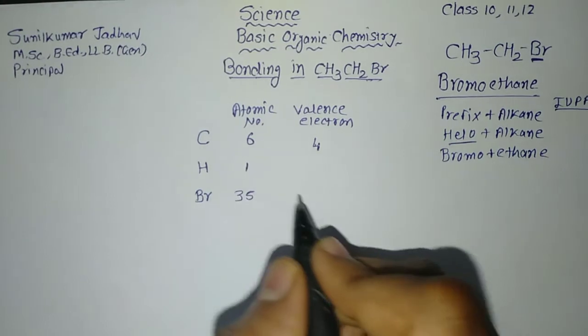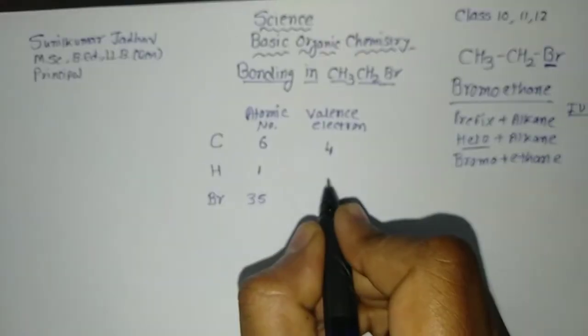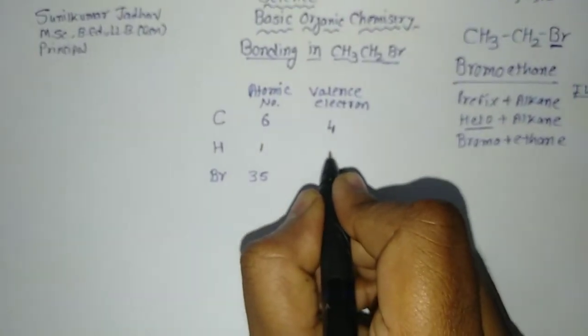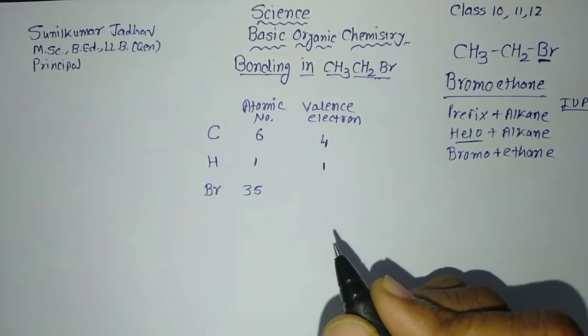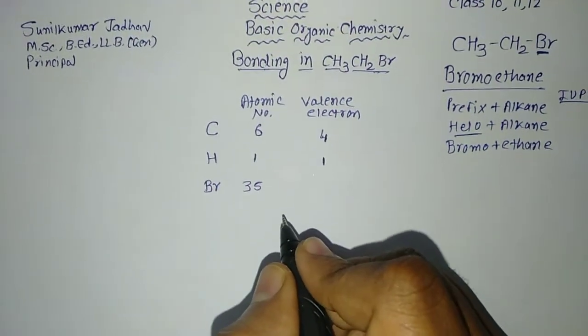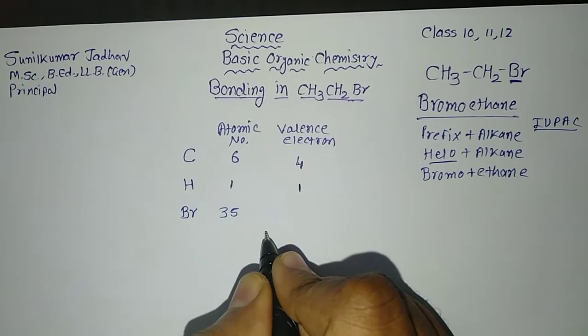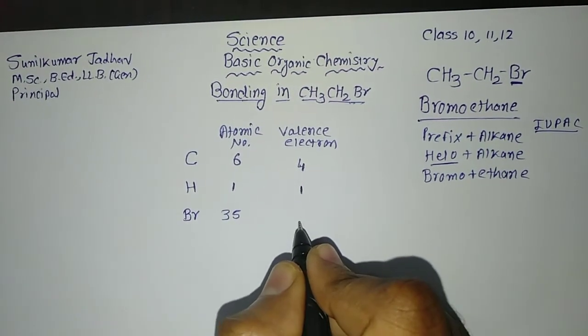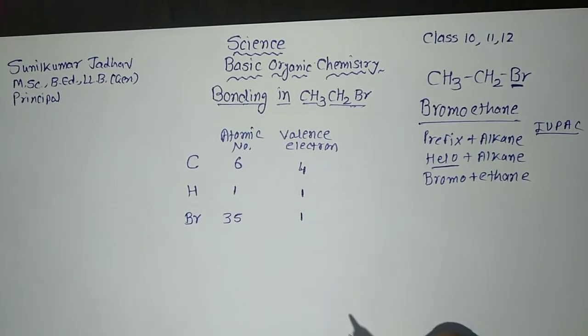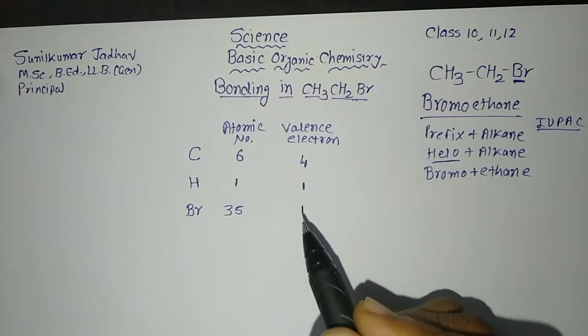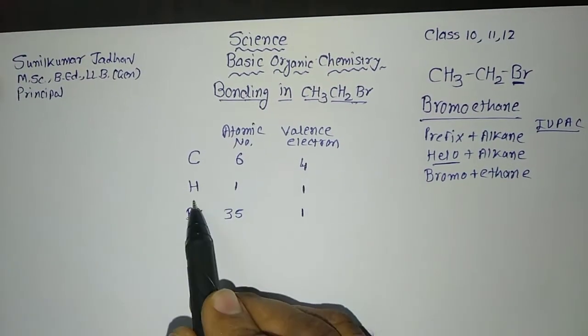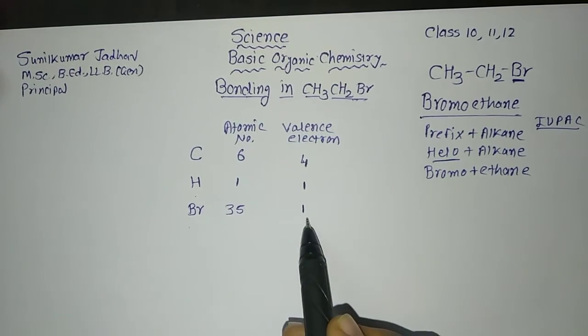Hydrogen has only one electron in the outermost orbit. To complete its first orbit, it requires one more electron, so it will complete by 2. This is 35. In its outermost orbit there are 7 electrons. To complete the octet it also requires one electron. So the valence electron in carbon is 4, hydrogen is 1 and bromine is 1.